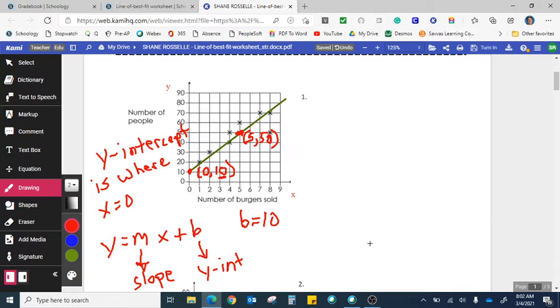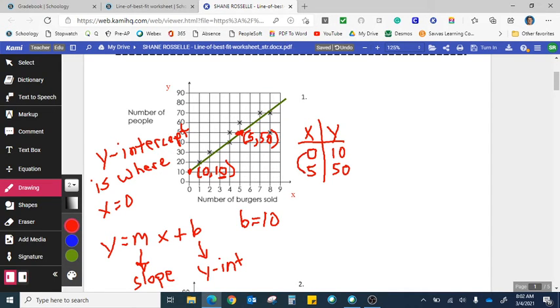Now the only thing I need to do is find my slope. I'm going to create a chart right here. You don't have to create a chart, but it's a good way of organizing the numbers. So 0, 10 goes here, and 5, 50 goes right here.